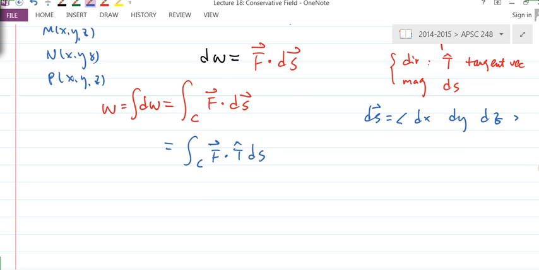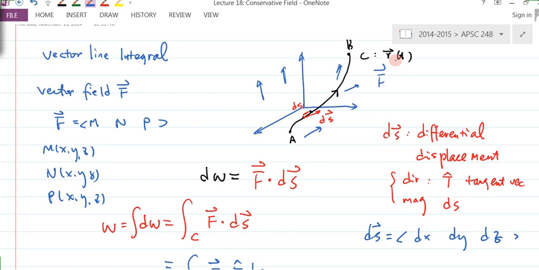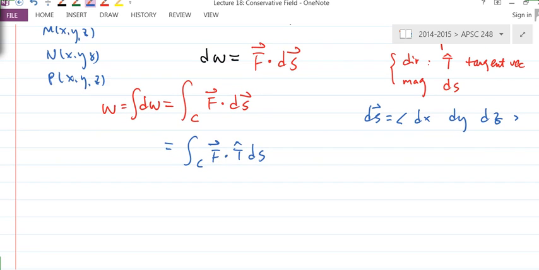And the curve C, suppose that we know, is represented by a parametric equation r of t. So t hat is basically the unit tangent vector for this curve C. So t hat is dr over dt over its magnitude.